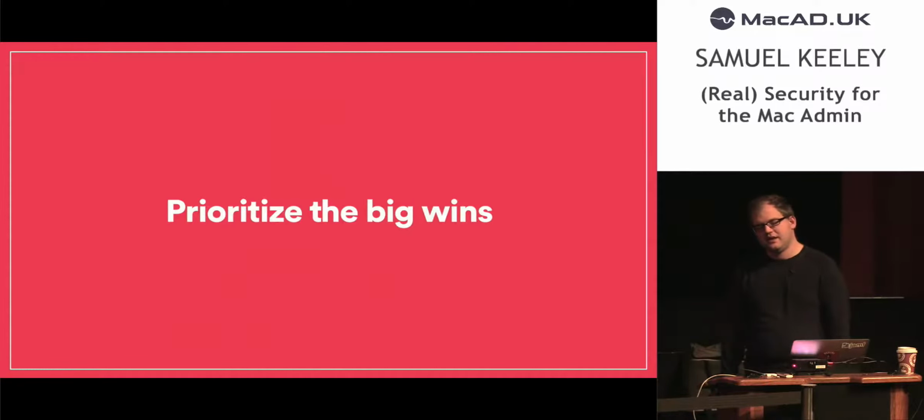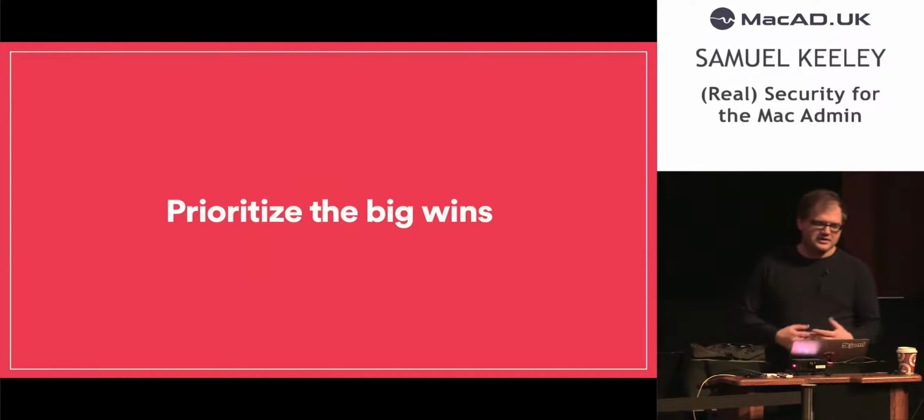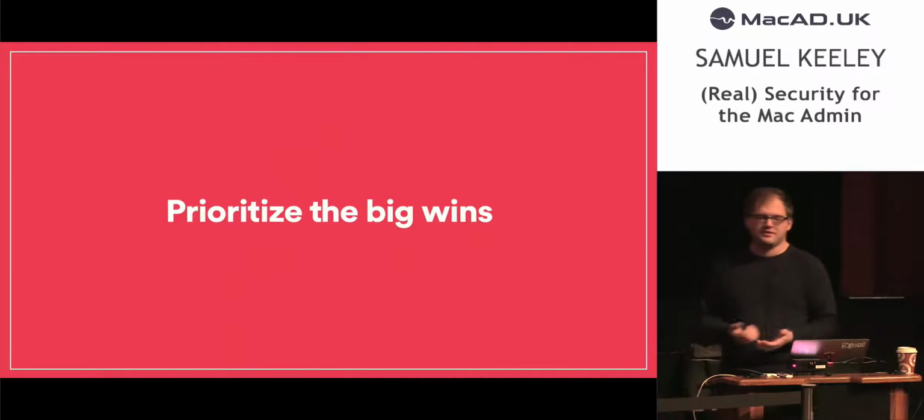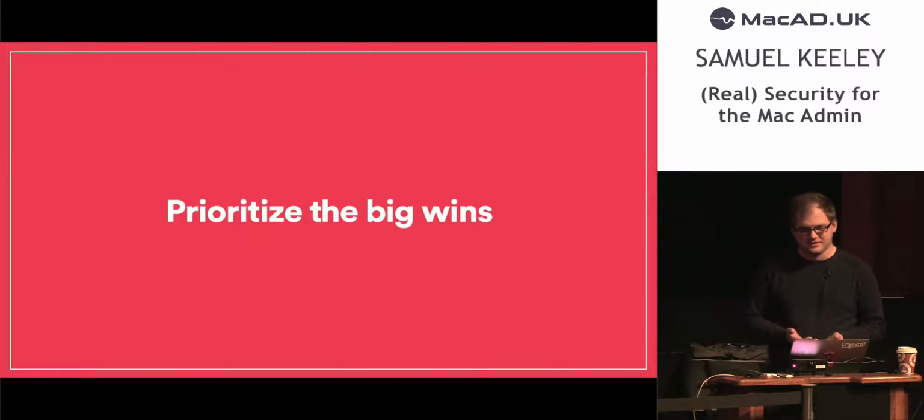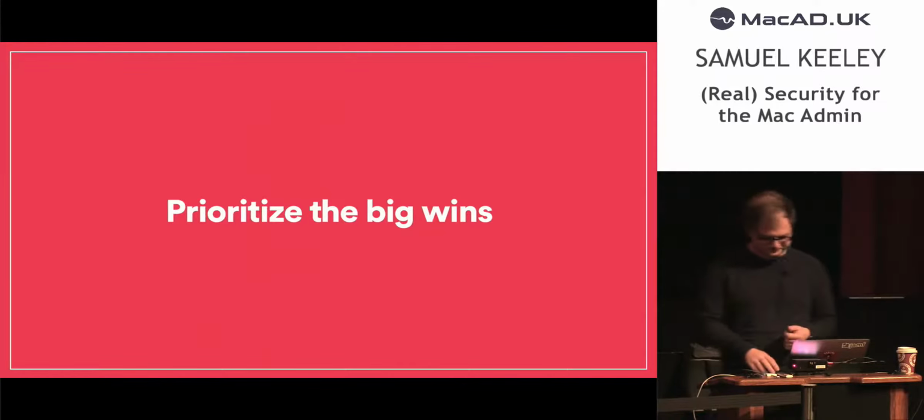I think in kind of a classic security model, people get focused on a lot of extreme edge cases, but the way we should really think about it is to find the biggest things that we can do and get through those.